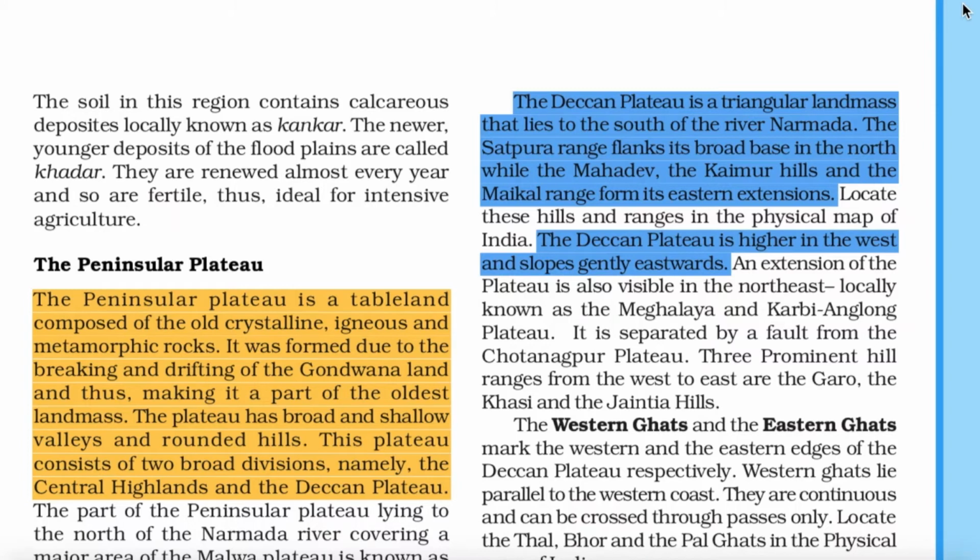The Deccan Plateau is higher in the west and slopes gently eastwards. An extension of the plateau is also visible in the northeast, locally known as the Meghalaya and Karbi Anglong Plateau. It is separated by a fault from the Chotanagpur Plateau. Three prominent hill ranges from the west to east are the Garo, the Khasi and the Jaintia hills.